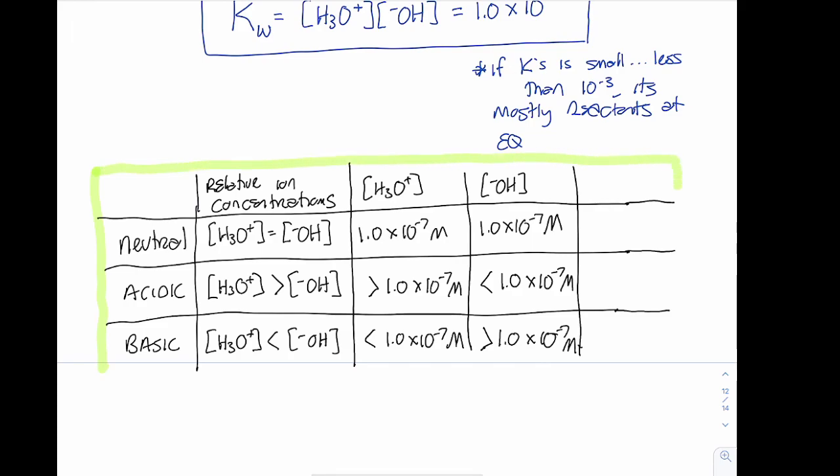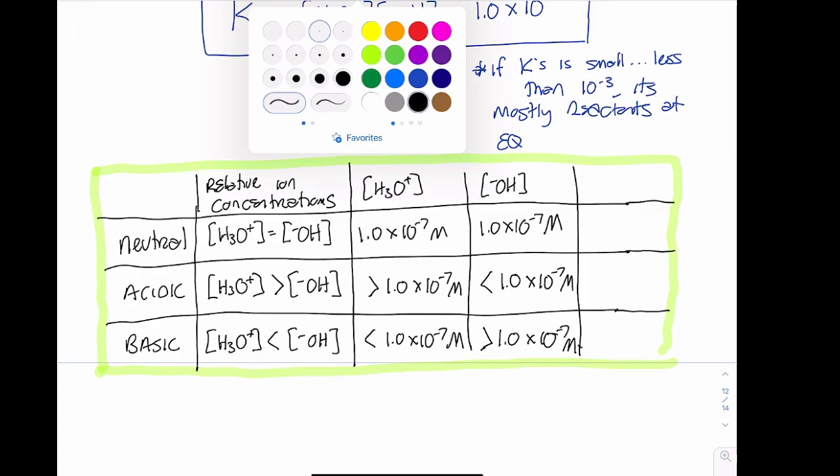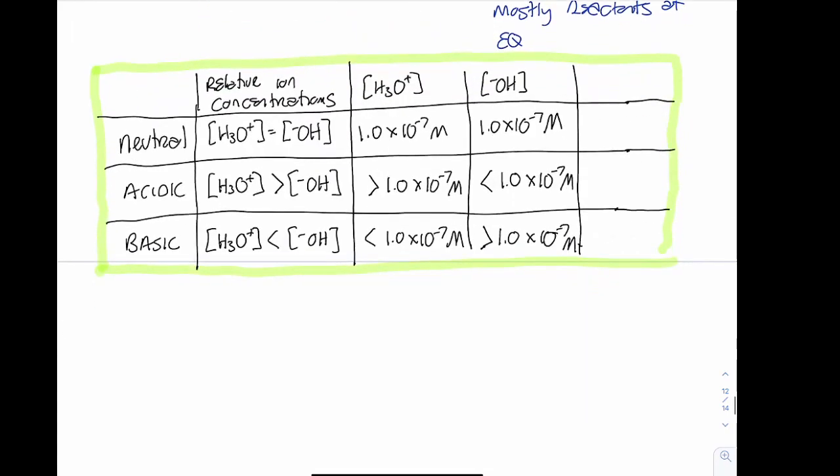So again, we're going to come back and add one thing to this in a few minutes, but I want to do some examples first using this.